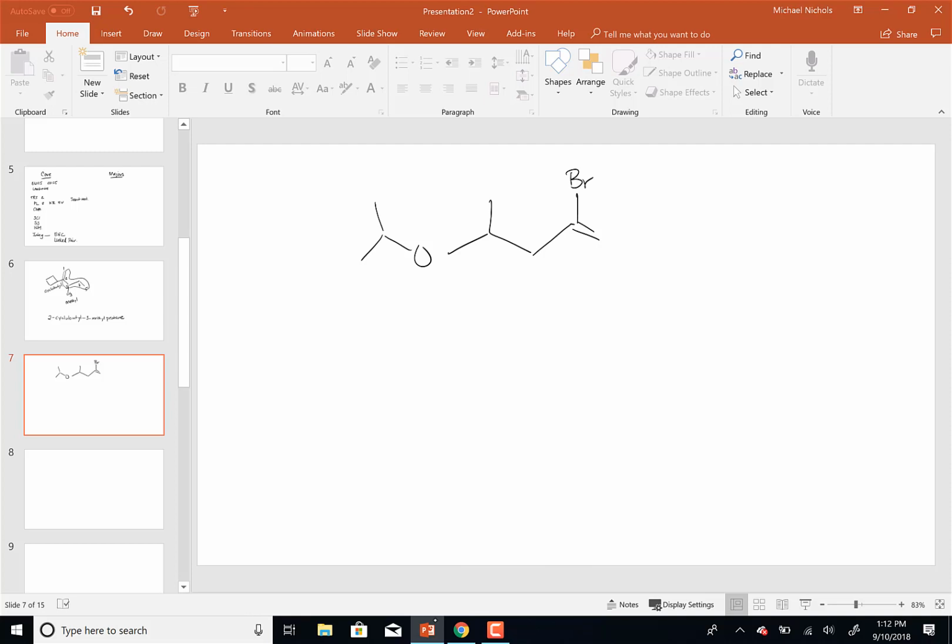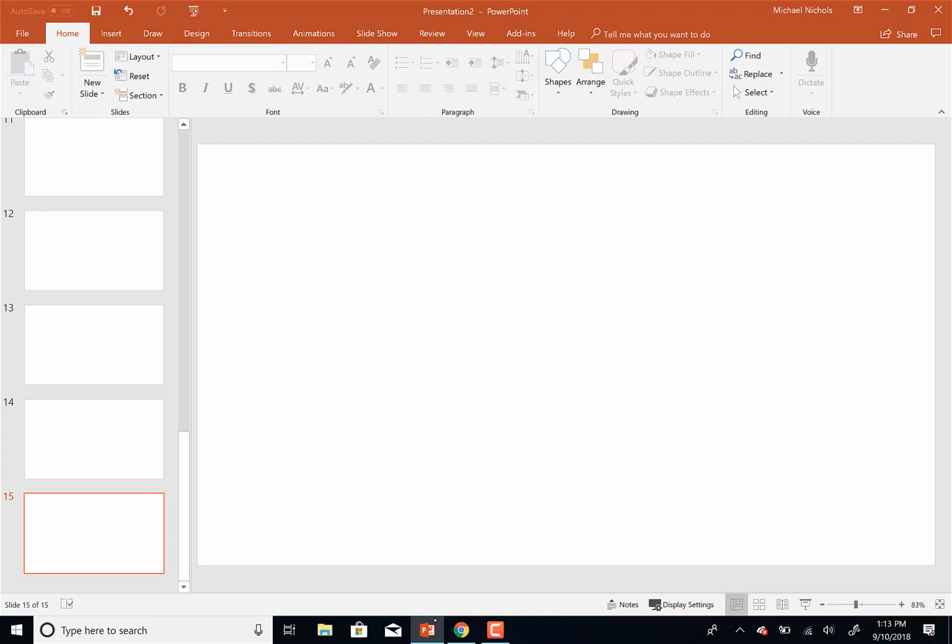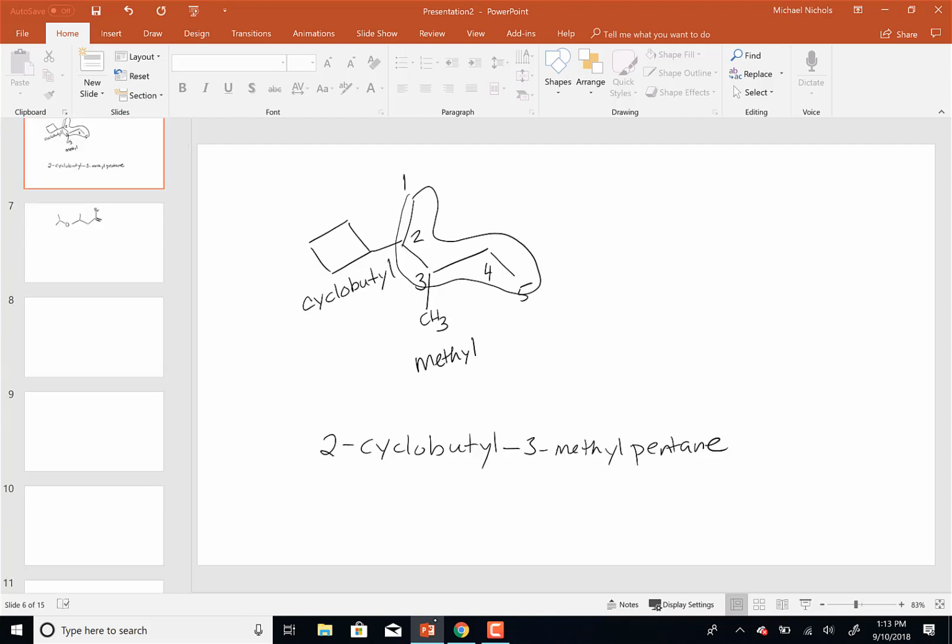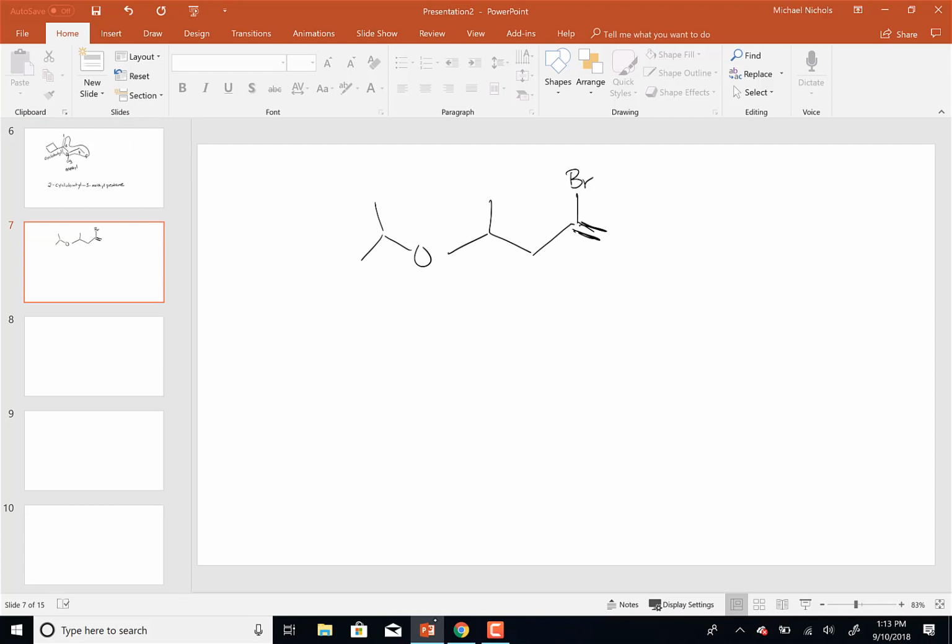We've got an ether, which is an oxygen with 2 carbons on either side. And what's the last thing that we have? An alkene. So we've got an alkene. We've got an alkyl halide with the bromine. And then we have an ether.